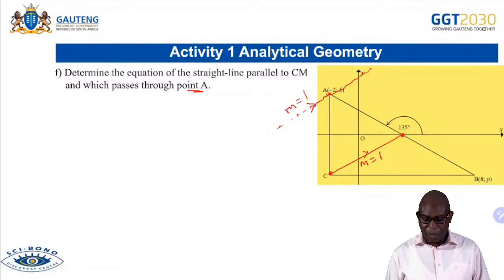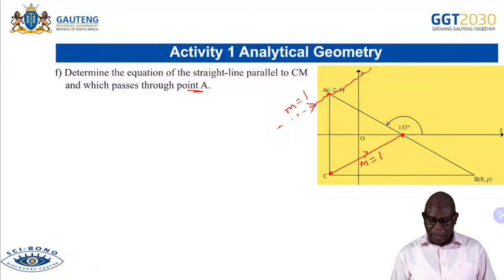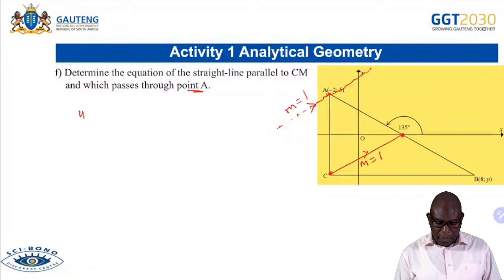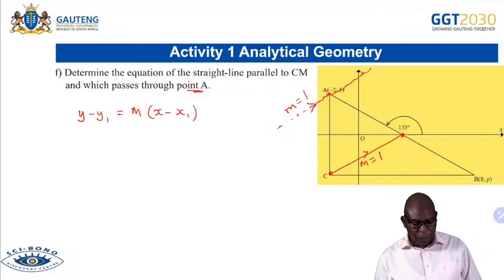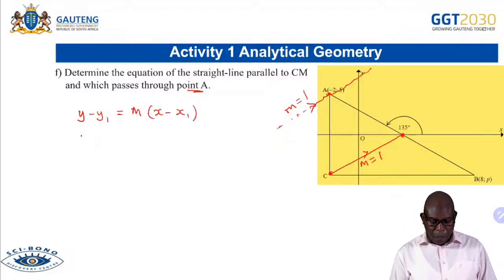So I've got a point, which means I'm going to have y minus y1 equals the gradient times x minus x1. So I'm going to have y minus, my y1 is 5, my gradient is 1, my x1 is negative, which is going to be plus 2.